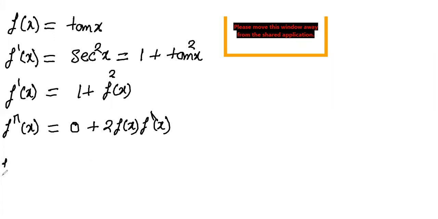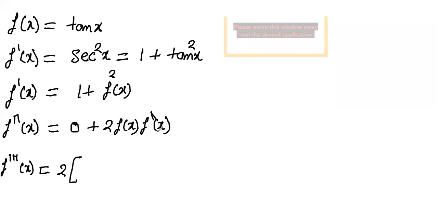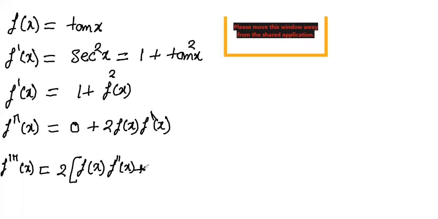Similarly, for f triple dash x, I use the u into v product rule: first function f of x, and differentiation of f dash x is f double dash x, plus f dash x and f dash x.